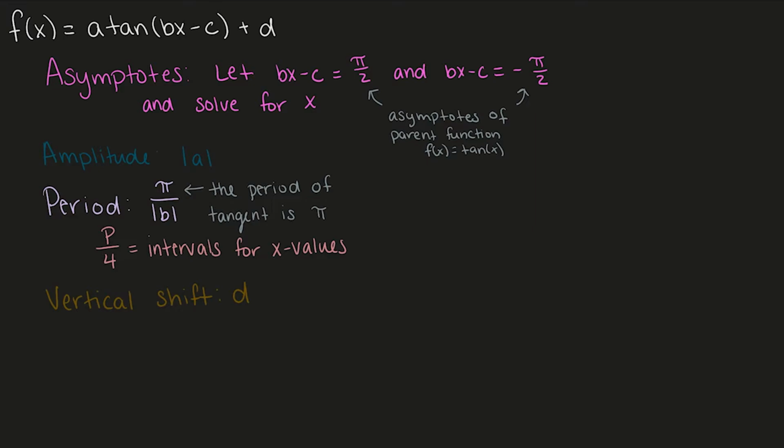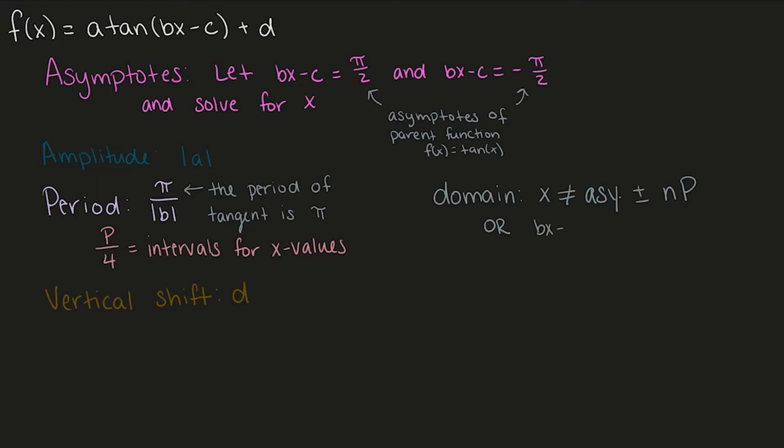The domain and range for tangent is a little bit different than what it was for sine and cosine. For our domain of tangent, x will be equal to all values except for where our asymptotes are. Now, our tangent graph is cyclical, which means it does repeat over our coordinate grid. So that means we have to account for all places where this might be true.